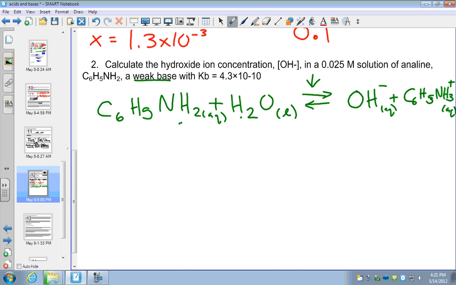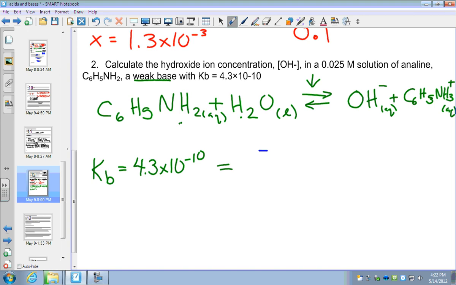Now we look up the Ka or the Kb, and you're going to look up Kb for this. I'll give it to you right here. It's 4.3 times 10 to the minus 10. This is also going to be equal to the equilibrium constant.